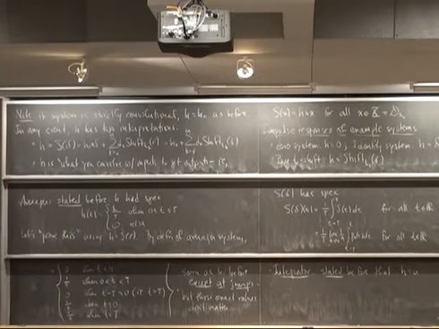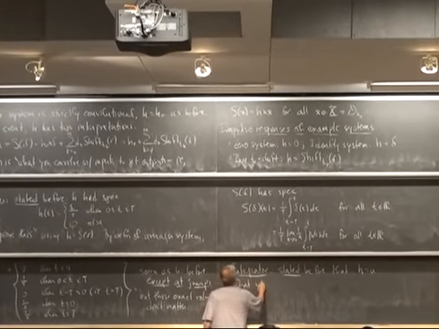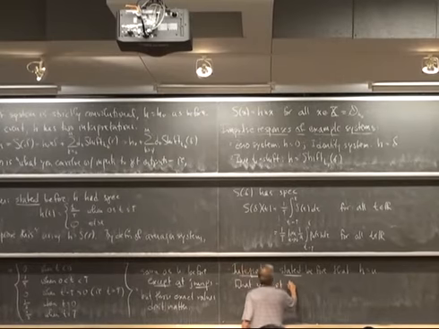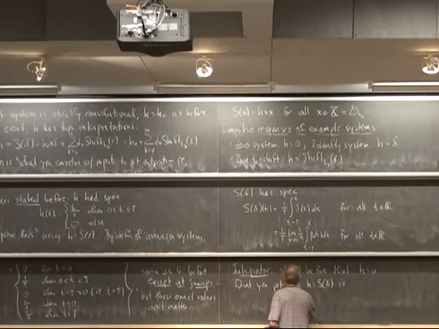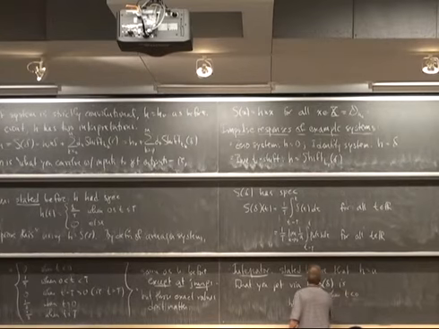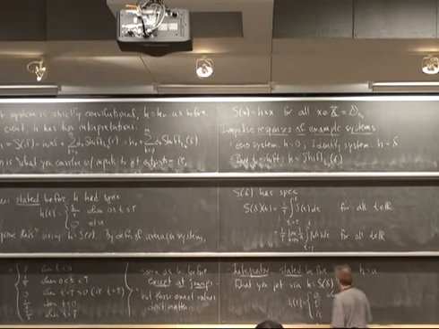What you find when you do h equals s of delta is h of t equals 0 when t is less than 0, 1 when t is bigger than 0, and 1/2 when t equals 0, which is essentially the same.